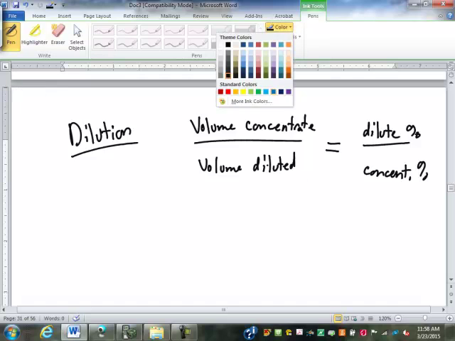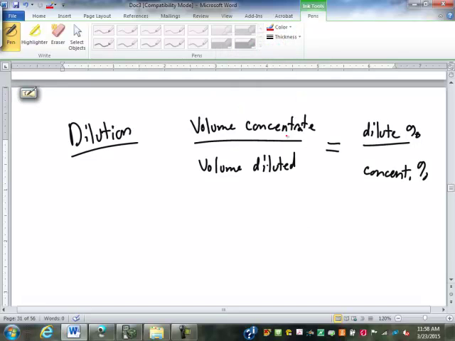Now what you'll see here is that this is an inverse relationship, because the concentrate is on top on this ratio and it's on bottom on the other ratio. As the concentration gets higher, the volume has to get lower. Or probably the more reasonable way to look at it is the volume gets higher, the concentration gets lower.